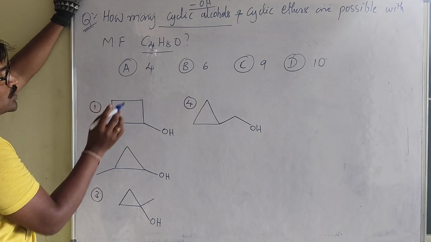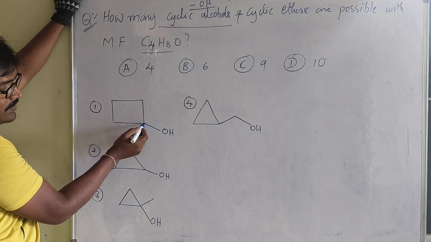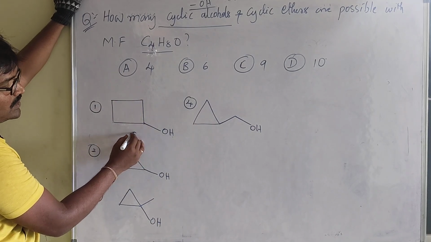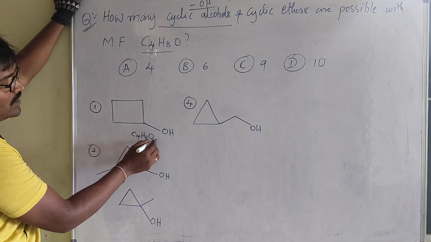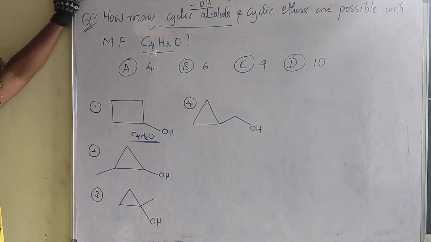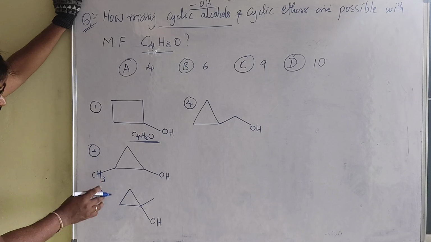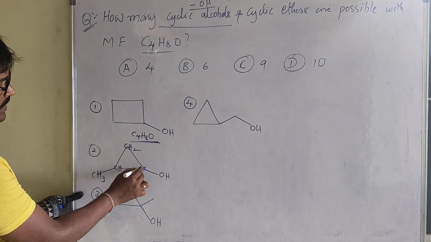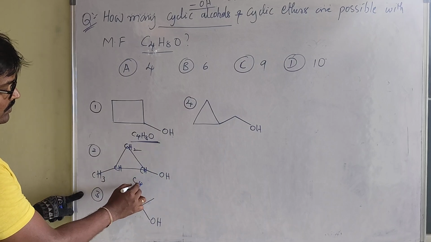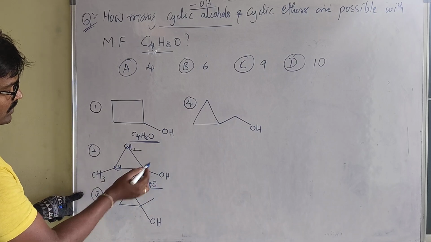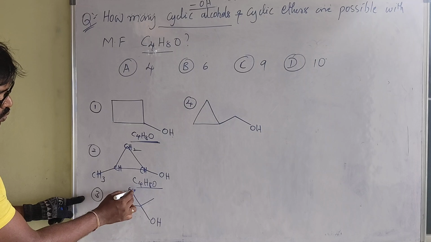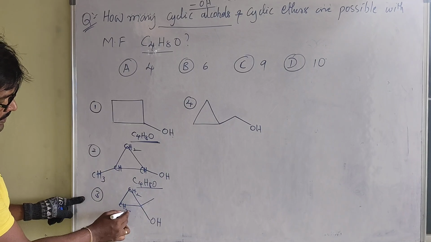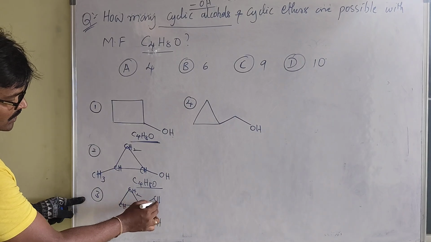CH2 CH2 CH2, 6, then 7, 8, sir C4H8O. Yes, molecular. Remaining also you can check here: CH3, right? Then here CH2, then CH, then CH, then OH. Sir, C4H8 O. Then CH2, then CH2, then CH, then CH3.